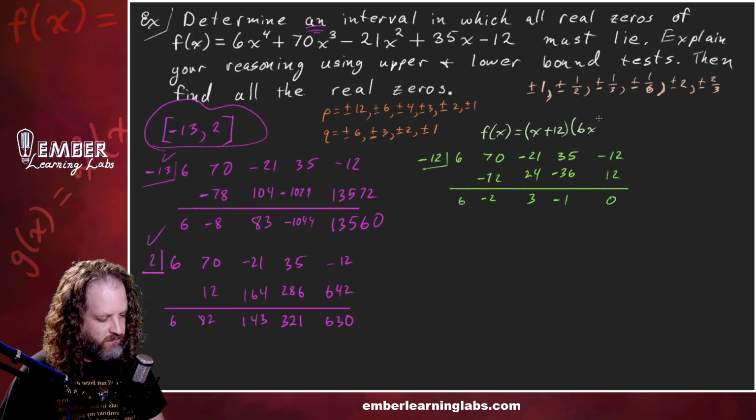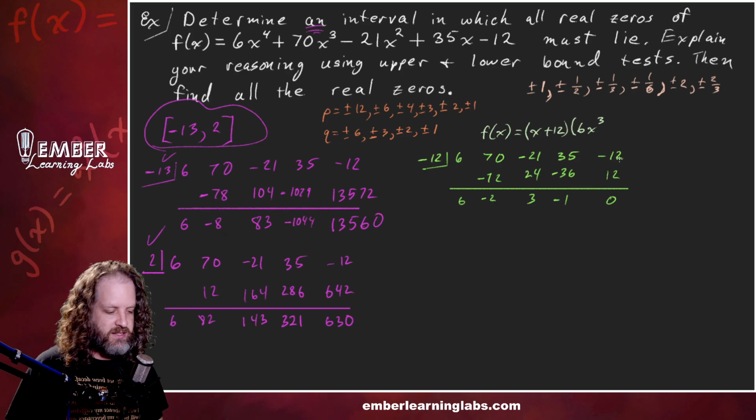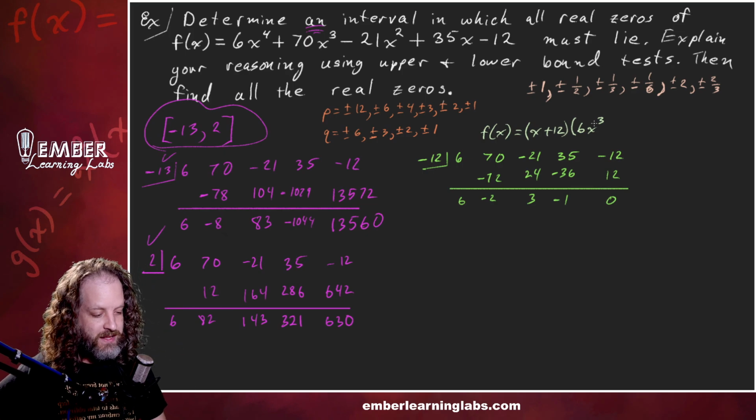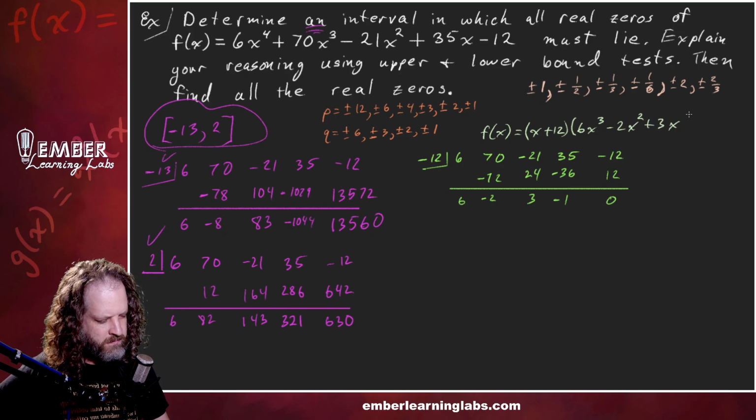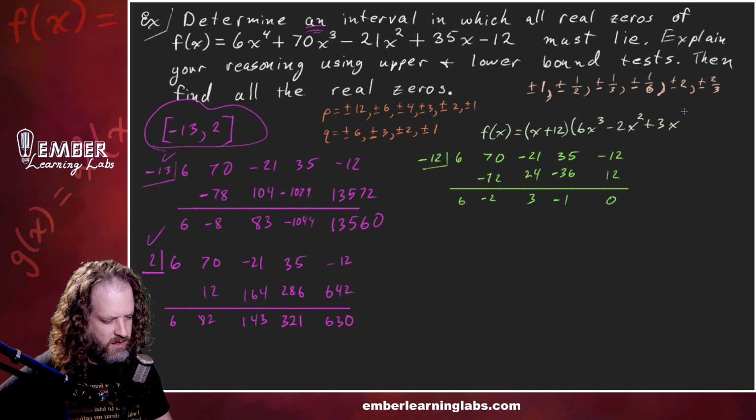This is, I think, the first example, at least in this little series, that's not just been a squared, but 6x cubed minus 2x squared plus 3x, and that's a 1, yeah, and then minus 1. So that's what we have it factored into.